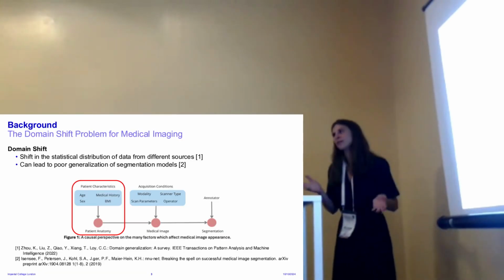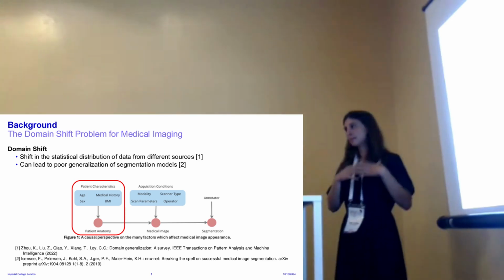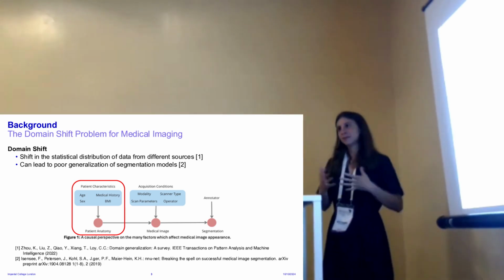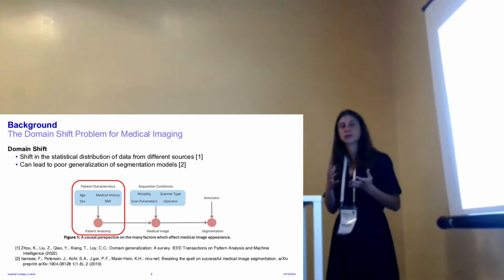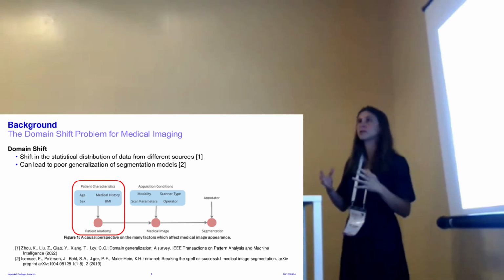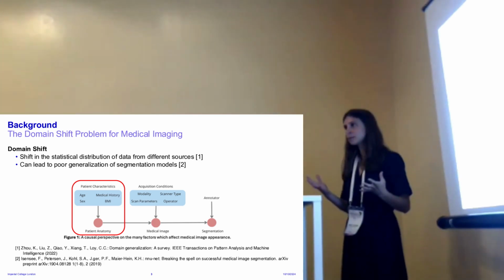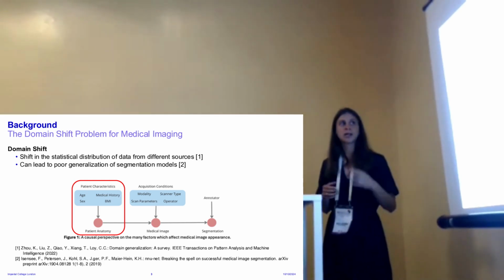I'll go quite quickly over the background as well, so that we talked about domain shift. But basically, it's a shift between data that's come from different sources, and I think it's quite a big issue in medical image analysis because the data sets tend to be quite small, and there are a lot of factors that affect the appearance of an image.